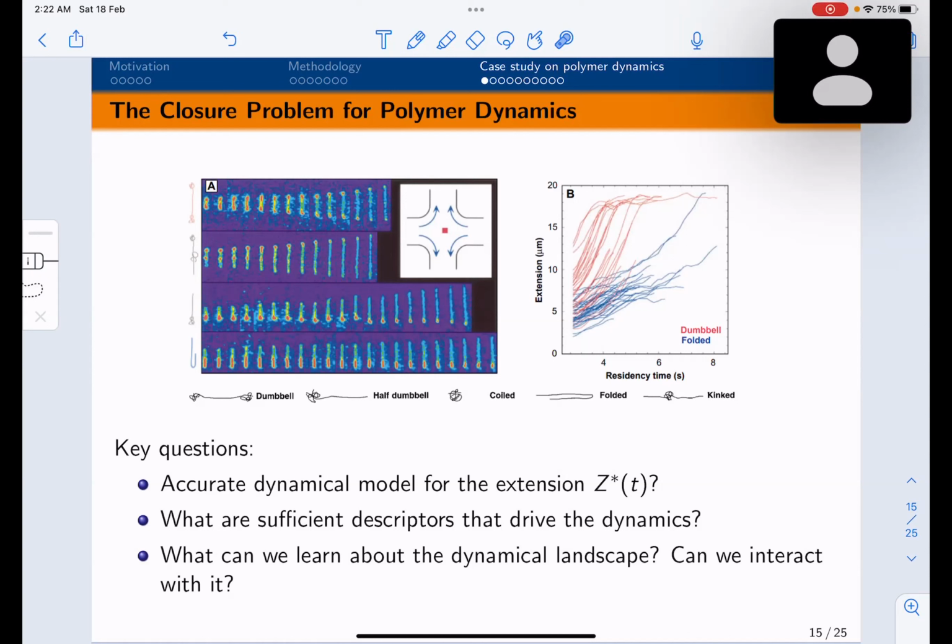We want to know whether there is any physical meaning of z hat. And the third: just now we used the orthogonal form, so we have the potential, or energy landscape, there. We want to know what we can learn from the dynamic landscape, and what the potential can tell us about the unfolding dynamics of the polymer.